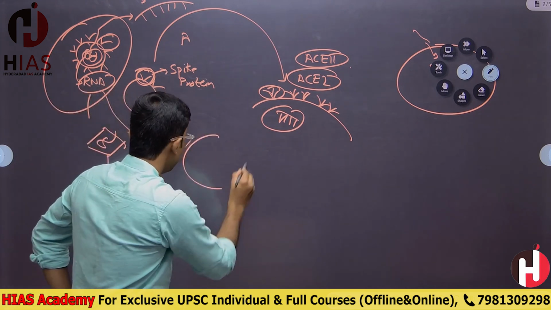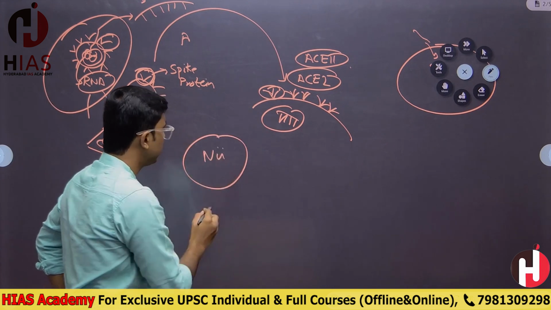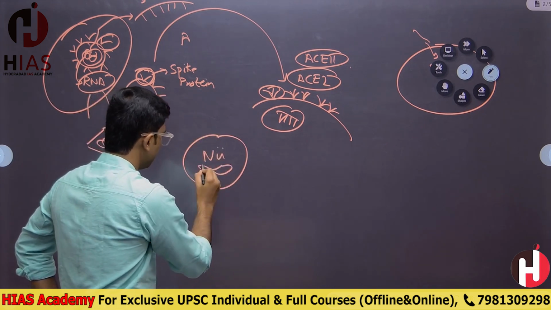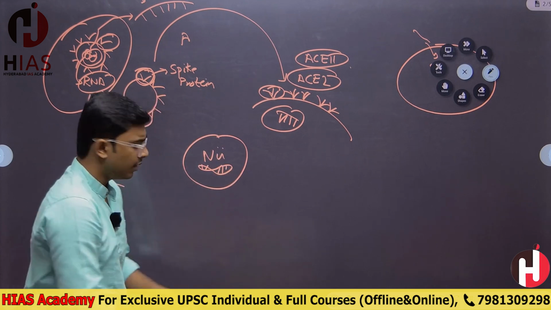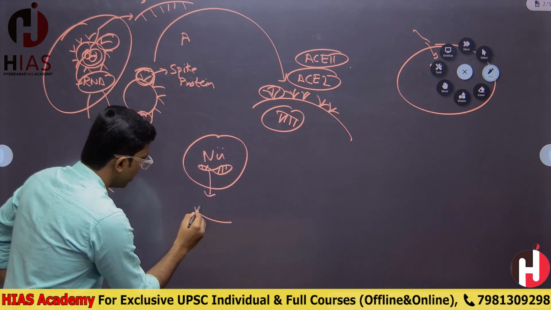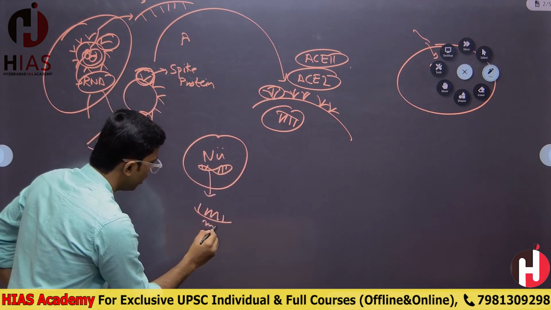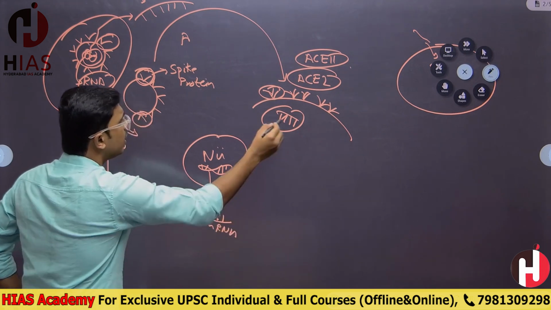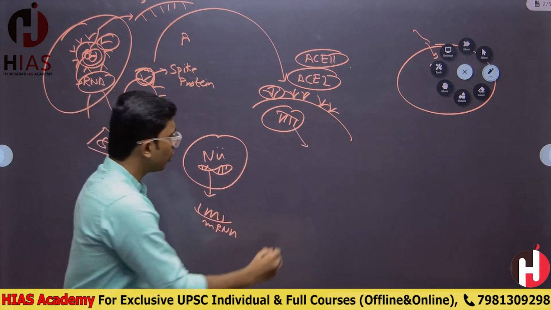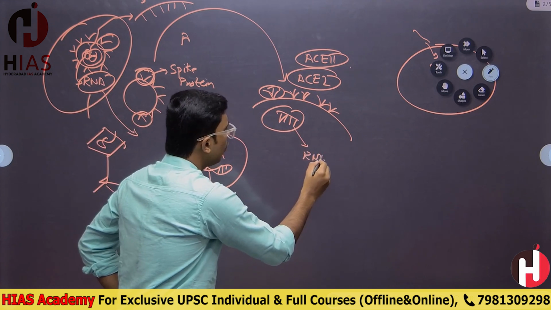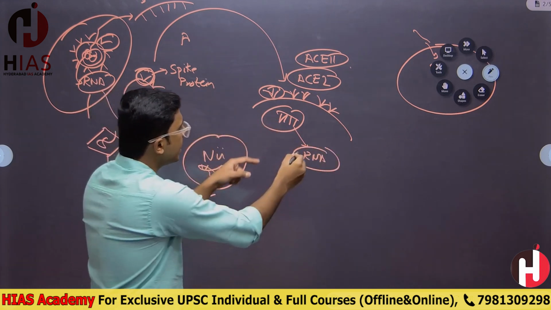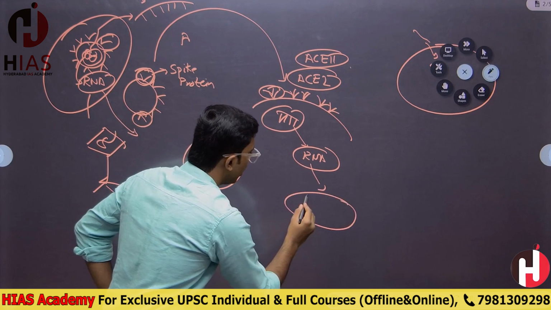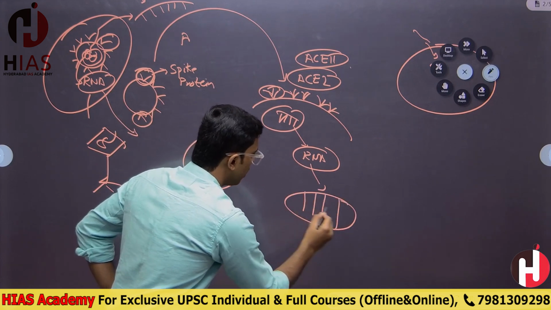Now, here is our nucleus. This has some DNA. From this DNA, we make our RNA. What is this RNA? Messenger RNA. But our virus here also has some RNA. What does the smart virus do? It directly sends this RNA to the ribosomes. These are ribosomes.